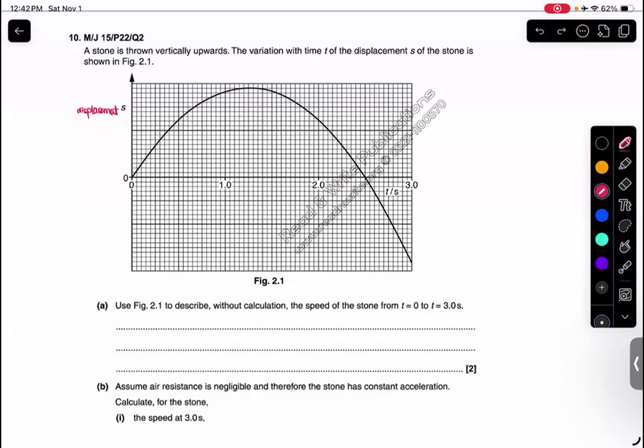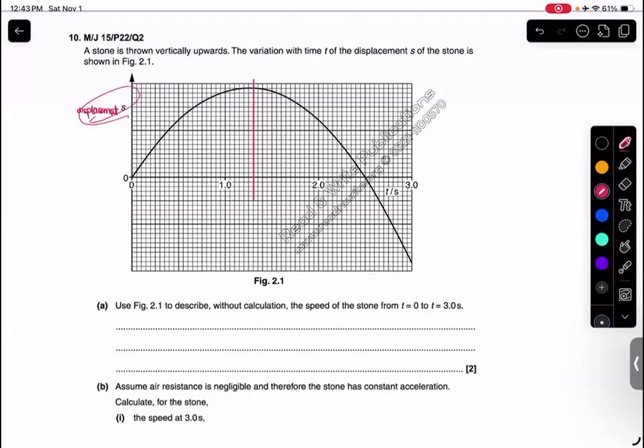Okay. What do you think, Kaima? What does this graph tell me? Any idea? It's a displacement time graph. The speed decreases until it's stationary. What about this, up till here?